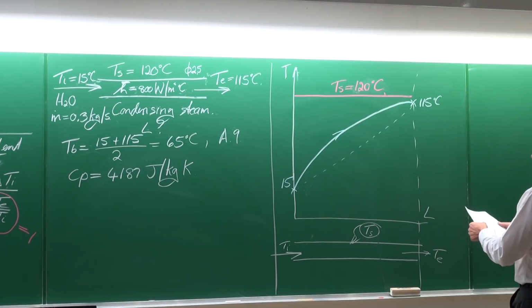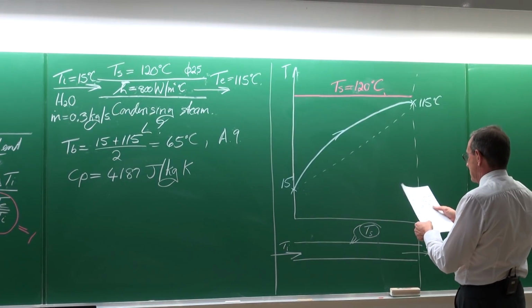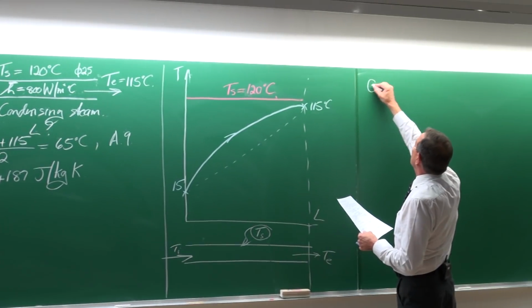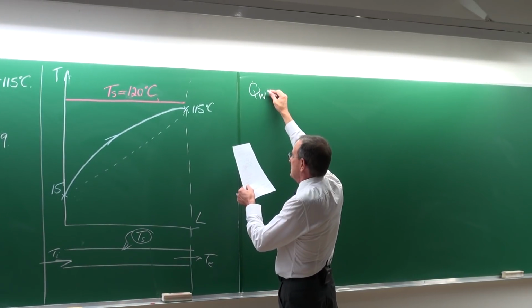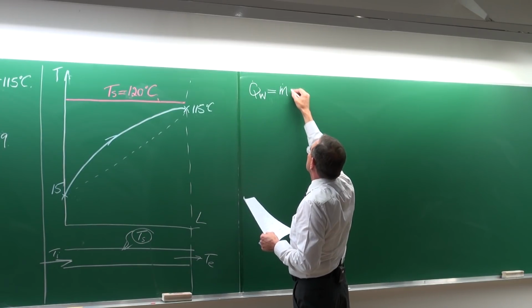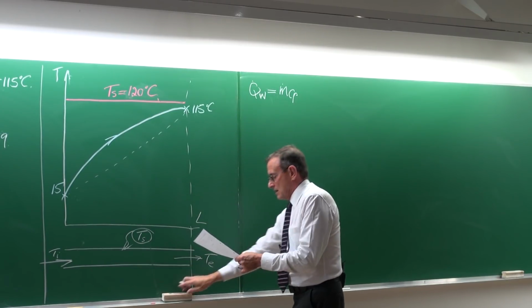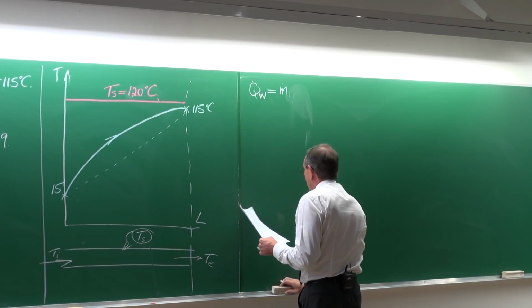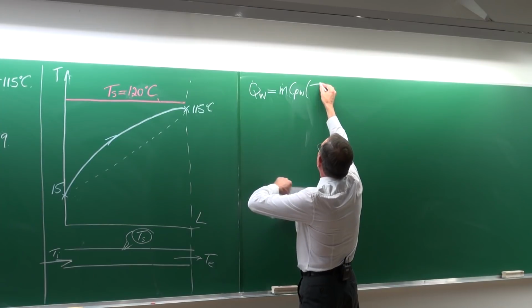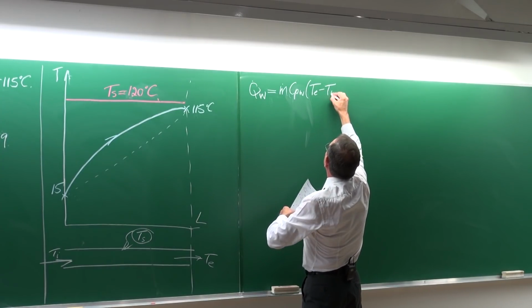Right, so there's the properties. And now let's see if we can determine the length of the heat exchanger. The heat transfer rate to the water is equal to the mass flow rate of the water multiplied by the Cp of the water, multiplied by the outlet temperature minus the inlet temperature.